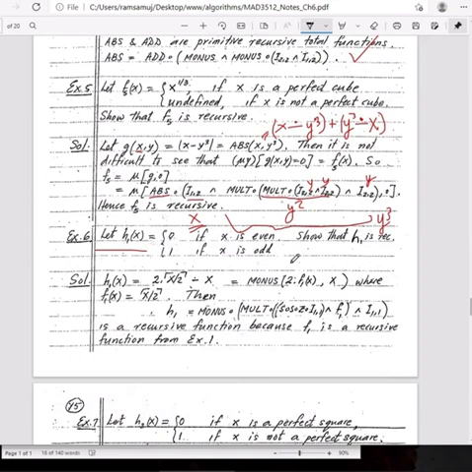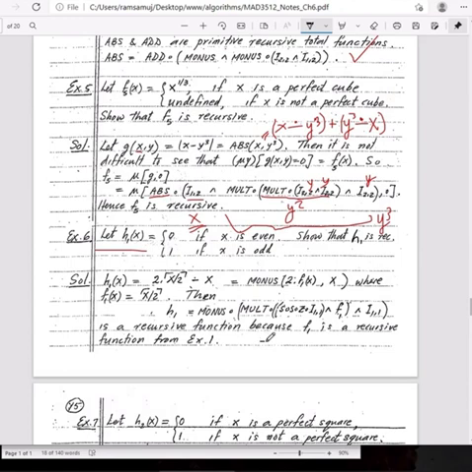Okay. How can I get h1 in terms of the functions that we know? You know what? If I multiply x over 2 by 2, and then I subtract x, I will get 0 if x over 2 was an integer. But if not, when you round up, you'll get a little more, and then you'll get 1. Let me see.